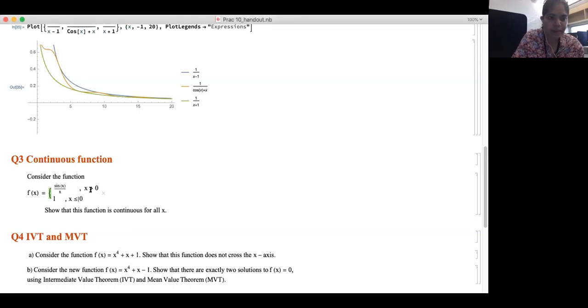Hang on. Yep. Show that this function is continuous for all x.